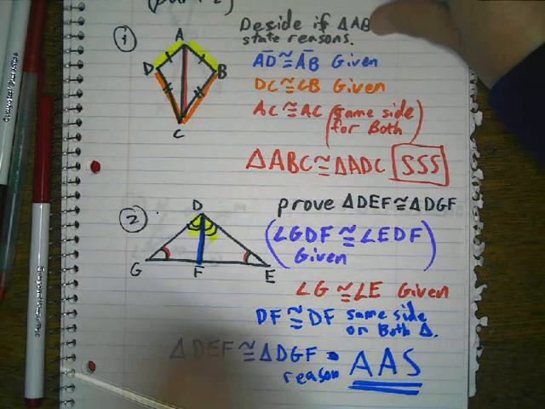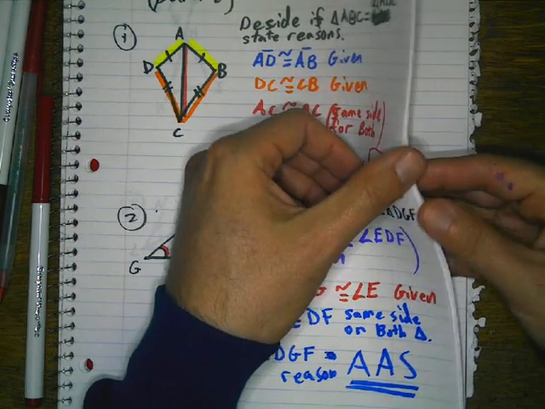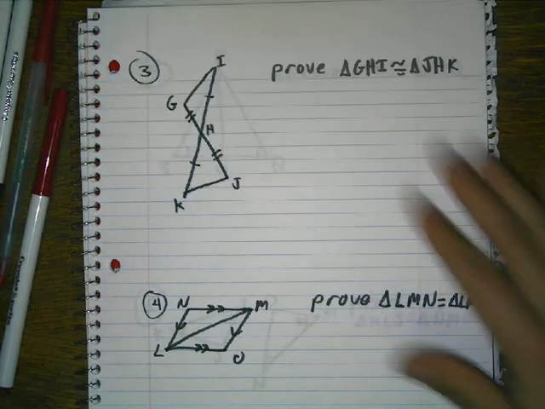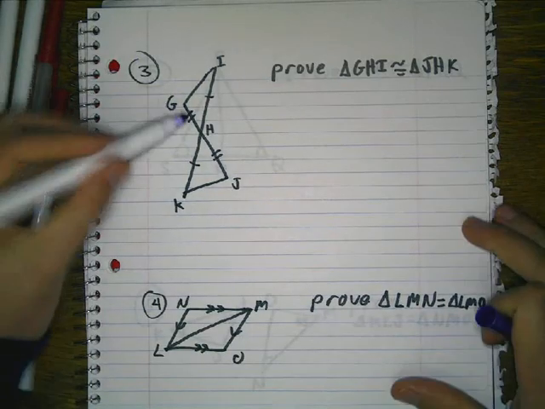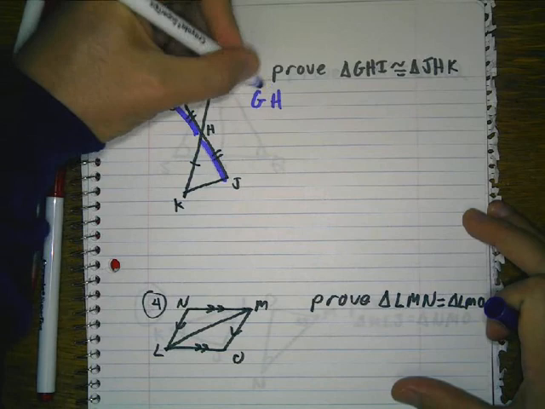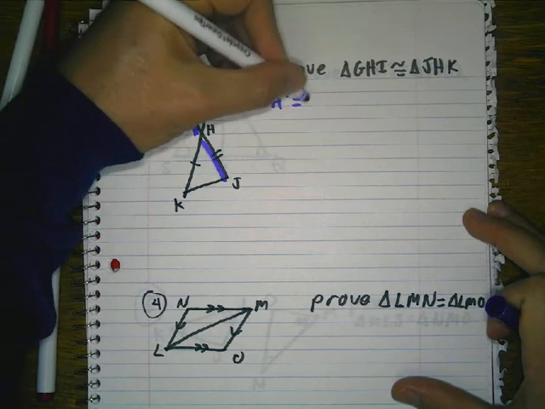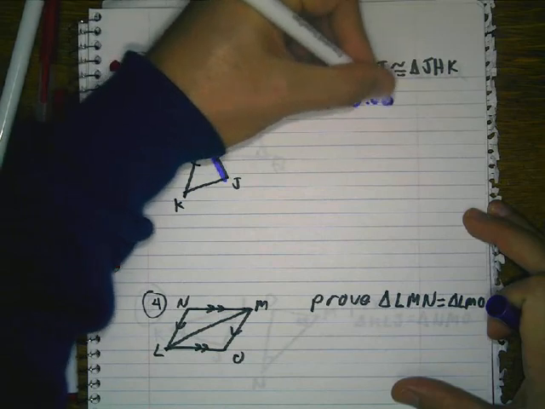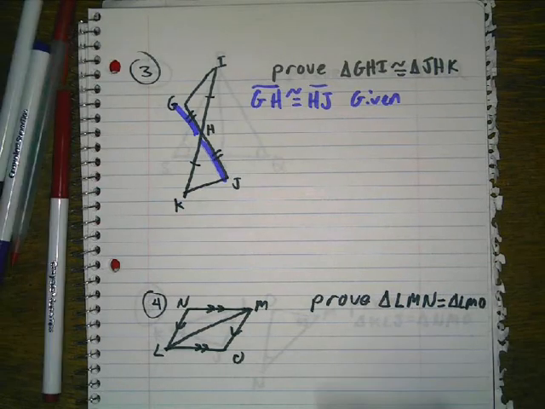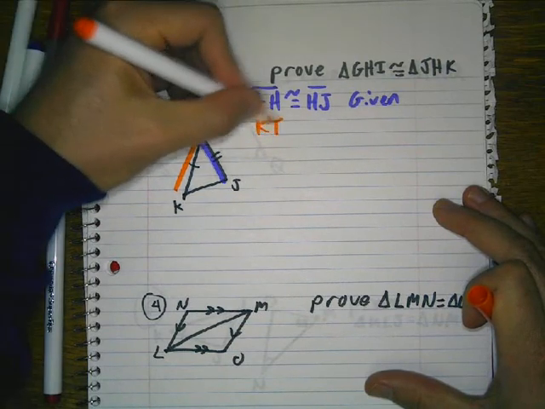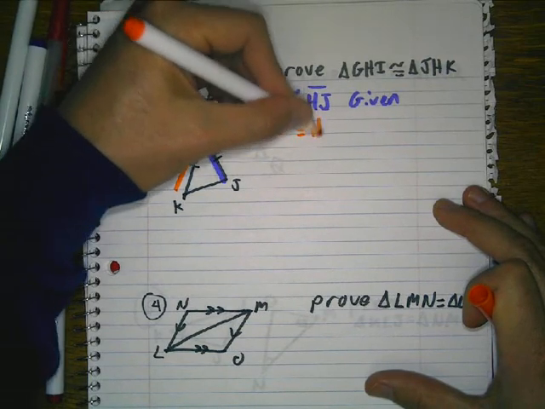Let's look at the next one. Okay, same thing. GH is congruent to HJ, given. All right. KI is congruent to HI, given.